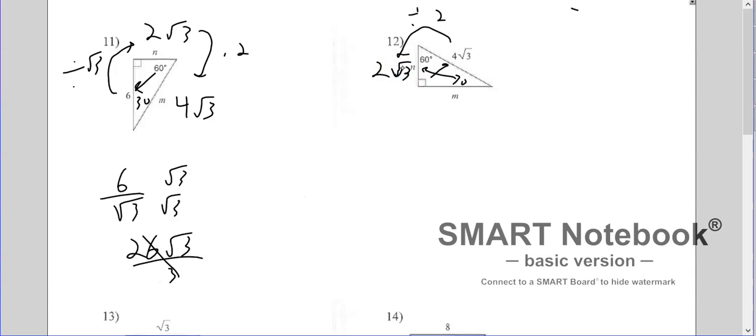Look at number 11. And then going to the longer side, we're going to do 2 radical 3 times radical 3, which is going to be 2 times 3 because the radicals cancel, and that's 6. So 11 and 12 are the same problem, just working backwards.